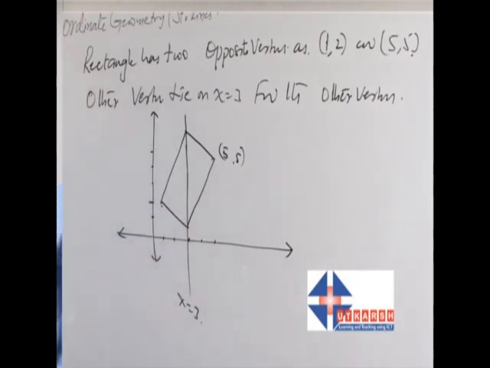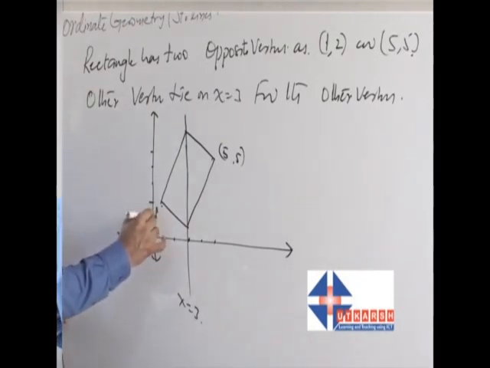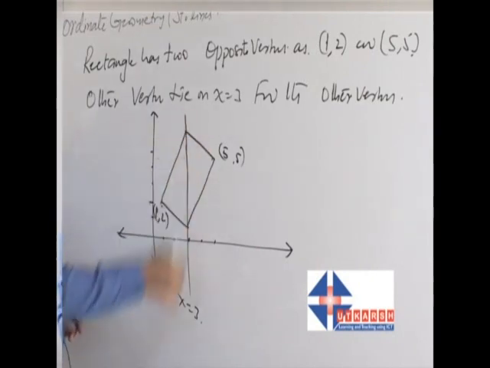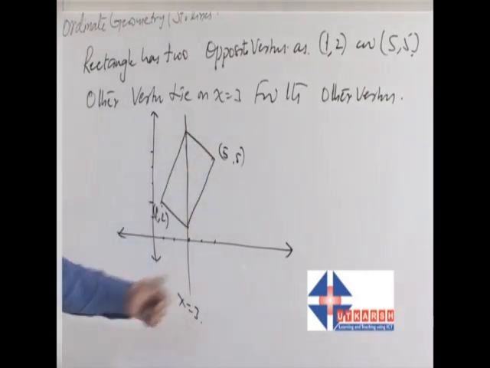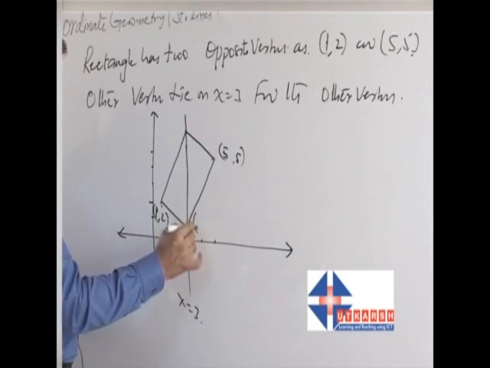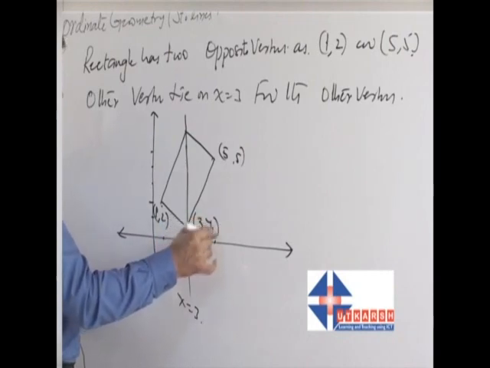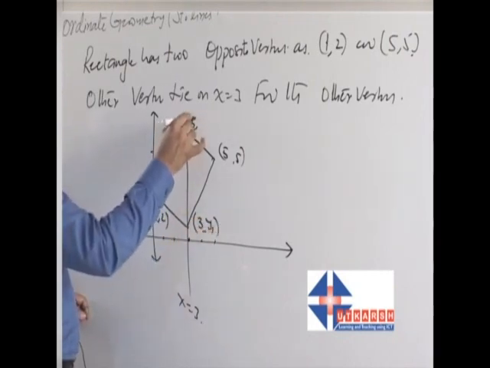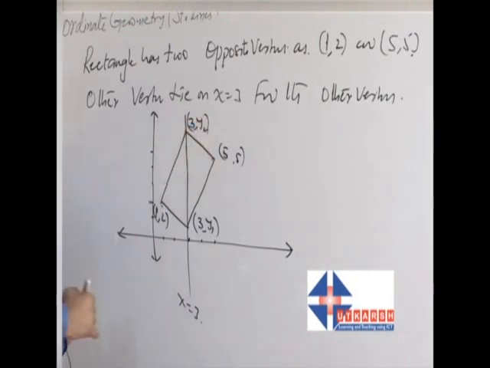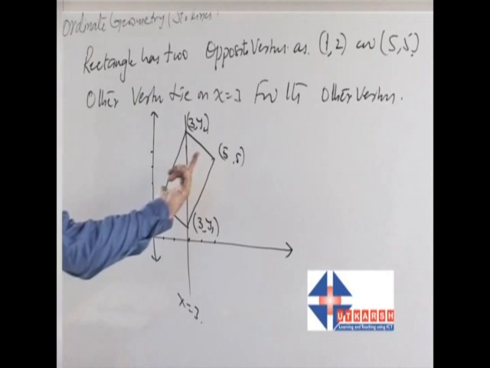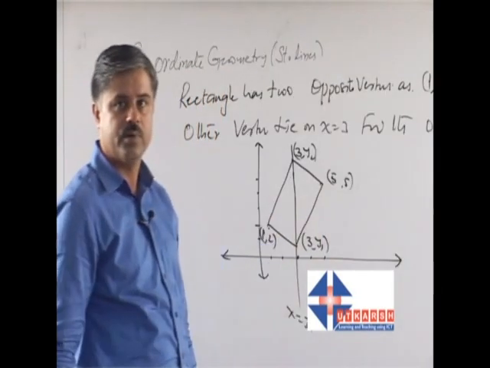This way. ये दो वर्टिसेस आपके पास हैं 1 2 and 5 5. ये हमें निकालने हैं. They are lying on the line x is equal to 3. तो obviously ये पॉइंट क्या बन जाएगा आपका? I am taking 3 y1. This point will be 3 y2. Right? Now since this is the rectangle, so this length will be equal to this length. Okay जी?